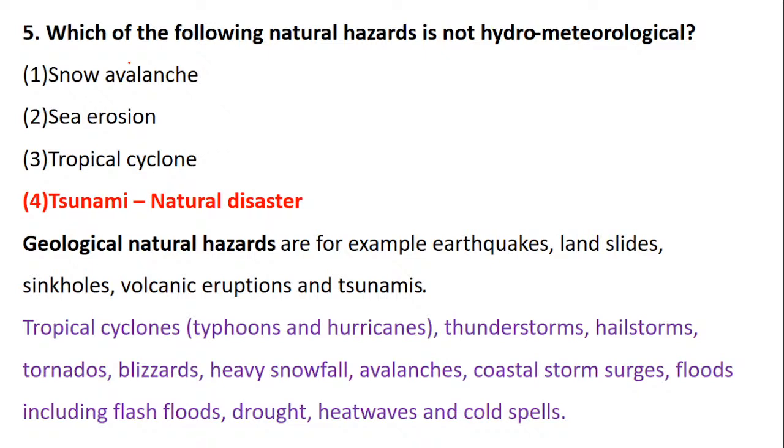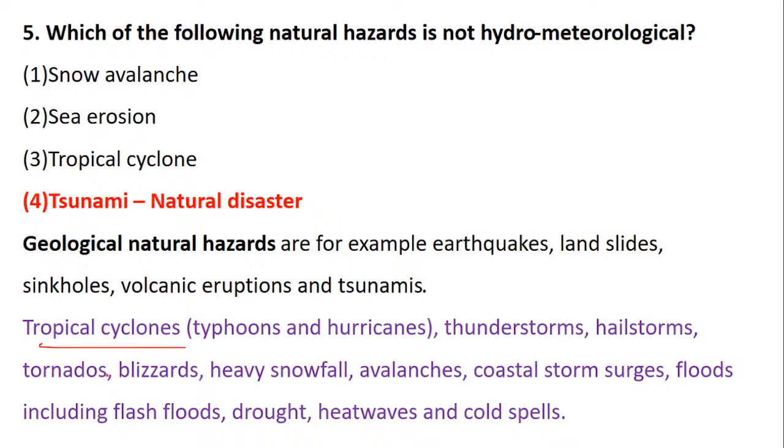Now coming to your doubt, Pankaj, first is, what is hydrometeorological? It is something related to water and energy. It is a study between water and energy and land surface. So what are the natural hazards which are hydrometeorological? They include tropical cyclones, thunderstorms, hailstorms, tornadoes.